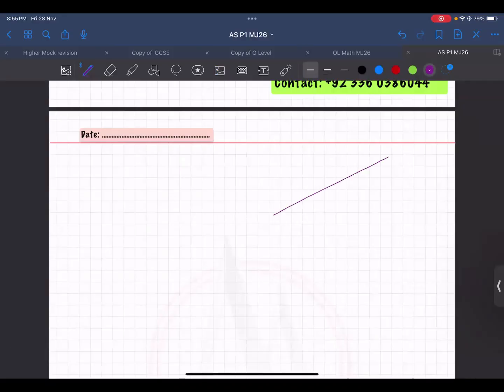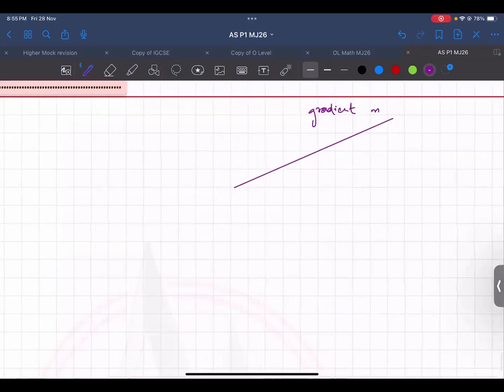If you have a straight line, and it has a gradient m, so the angle that the straight line makes with the horizontal, theta, is equal to tan inverse of the gradient.